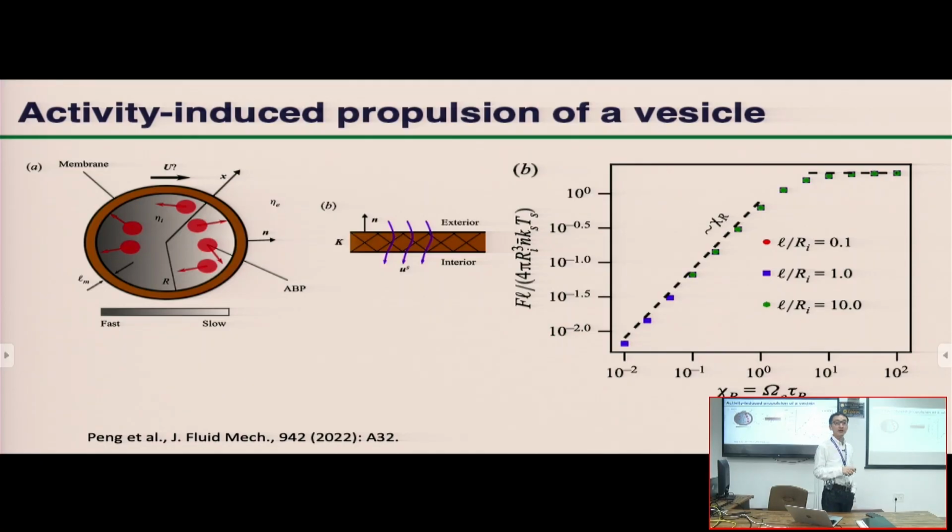Then you have to find some other way to break symmetry so that the vesicle as a whole can move forward, can self-propel. One way to do that is to bias the density of the particles. So imagine somehow ABPs have a higher density on the right and lower density on the left. What happens to the vesicle?